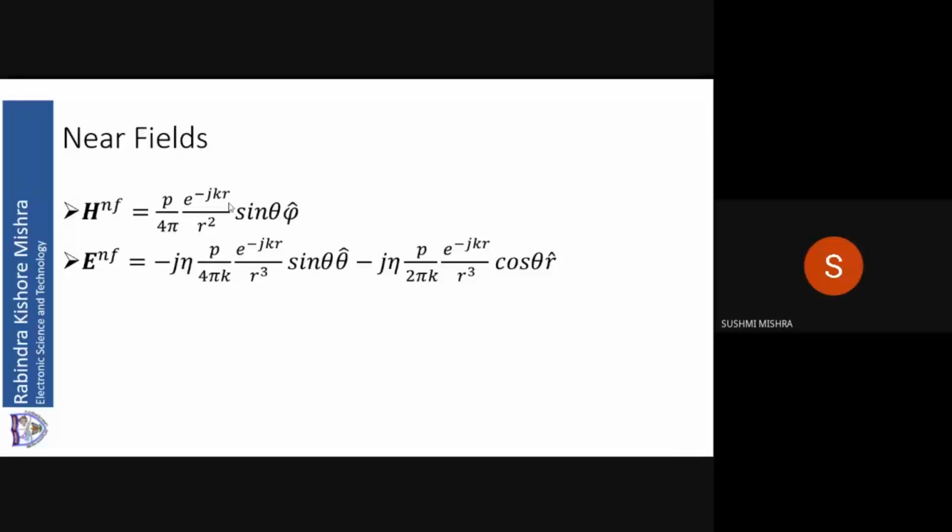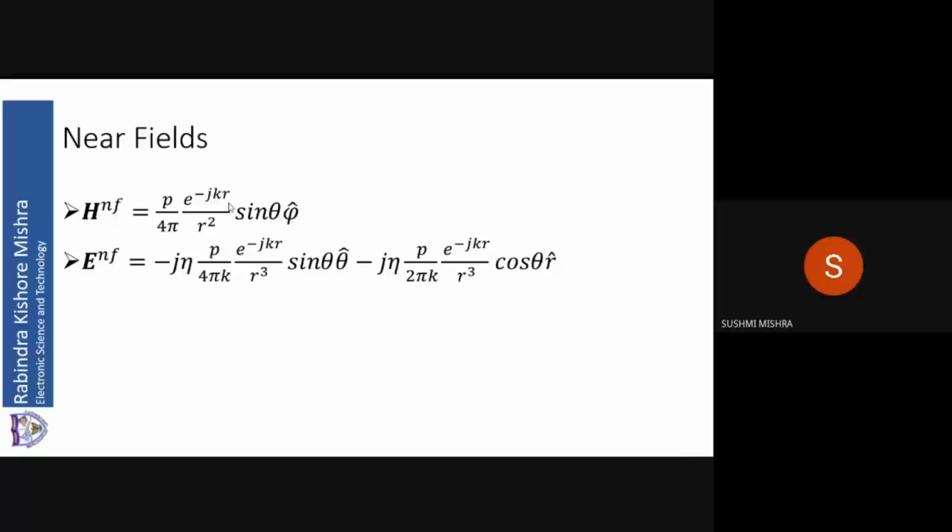Now, let me tell you something. What is indicated here? It indicates that the general field expressions are valid at any distance from the Hertzian dipole, whether it is near field or far field, and are important in some applications for understanding the input impedance of a dipole.